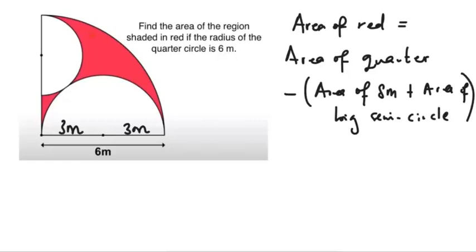So I think now we know what we're about to find. The area of the red shaded region is going to be the area of the quarter circle minus the sum of the areas of the semicircles, that is the small one and the big one.